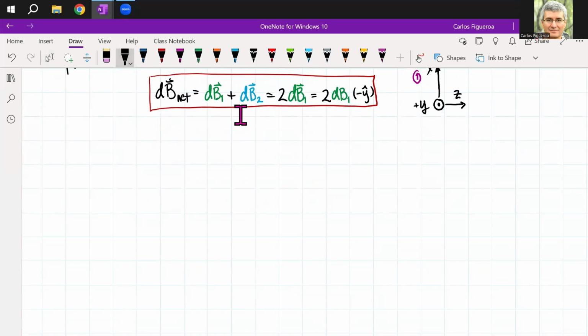Now, is a finite wire important? Not really.